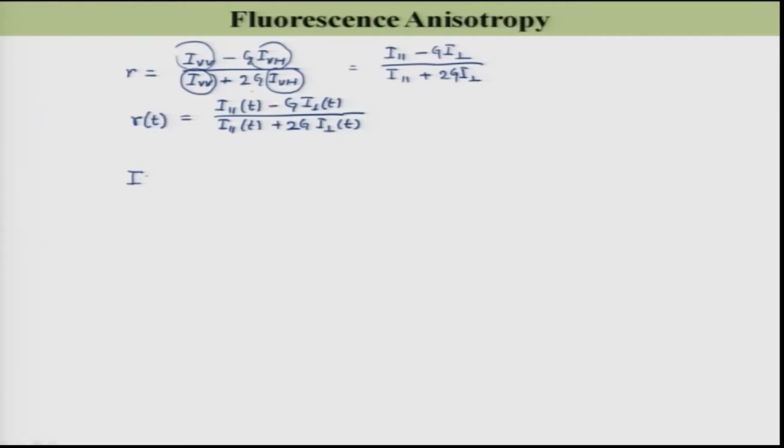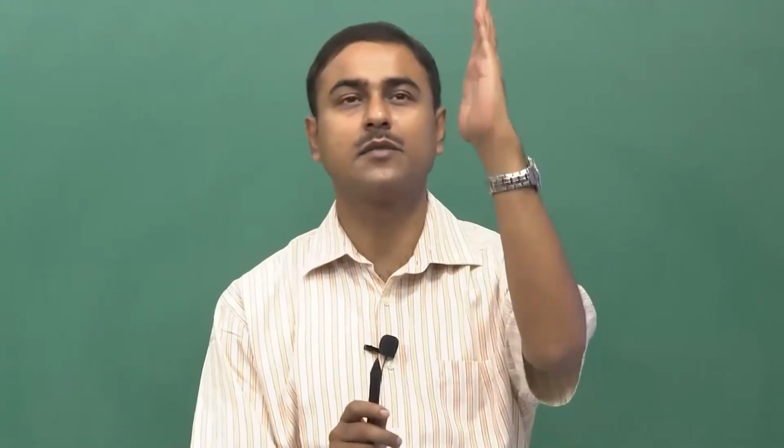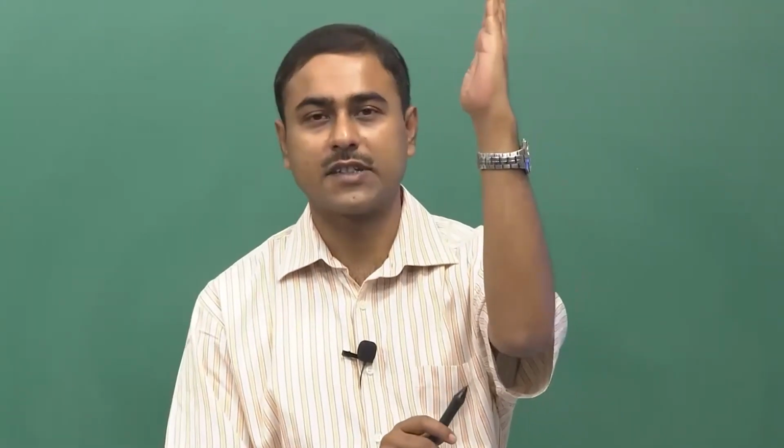For this, I x, which is a function of time, the d dt of that, how this is changing with time. Now consider the molecules in the excited state. Let us say this is my x axis, and the molecule is like this.